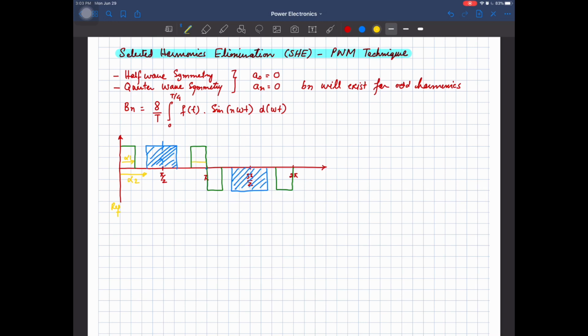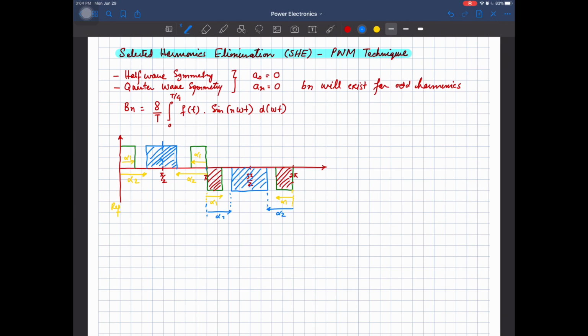Then this angle will also be alpha 1, and the angle of this notch will be alpha 2 from the center point. This angle alpha 1 will be the same for this second set of notches as well. And if we look at the angle for the center point, let's suppose this is alpha 2, then this will also be alpha 2, and these angles are exactly the same as what we have in the first quarter cycle.